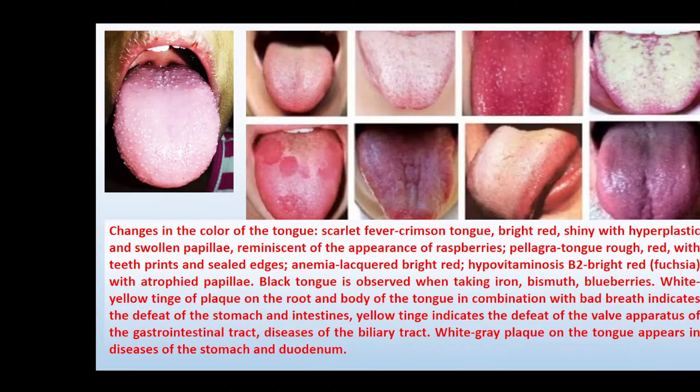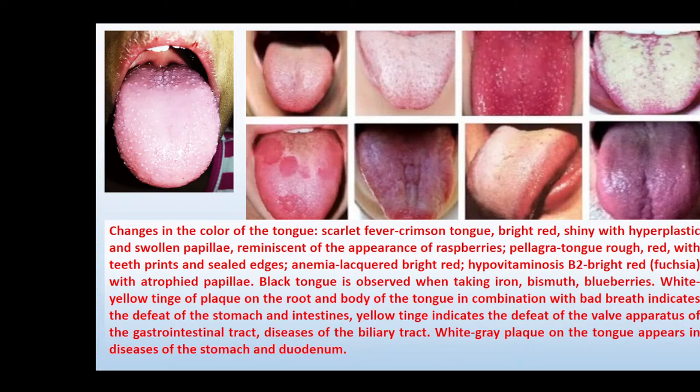Black tongue is observed when taking iron, bismuth, blueberries. White and yellow plaque on the root of the tongue, in combination with bad breath, indicates disease of the stomach and intestine. Yellow plaque indicates disease of the valve apparatus of the gastrointestinal tract, diseases of the biliary tract.